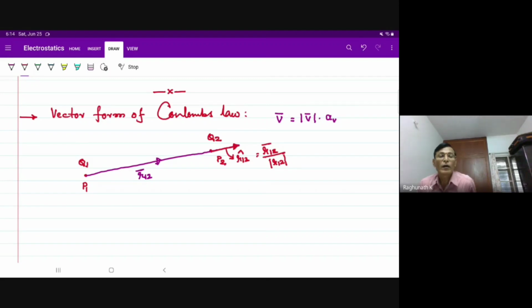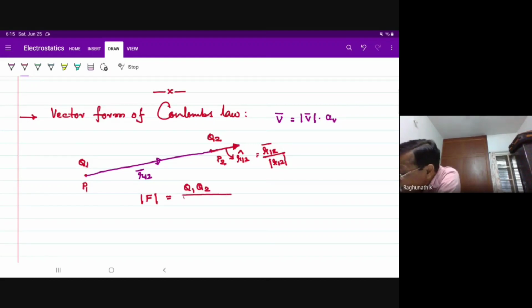The repulsive force acts along R12 cap, and the modulus of the force F is equal to what? Q1 Q2 divided by 4 pi epsilon, distance between them is mod R12 bar whole squared.